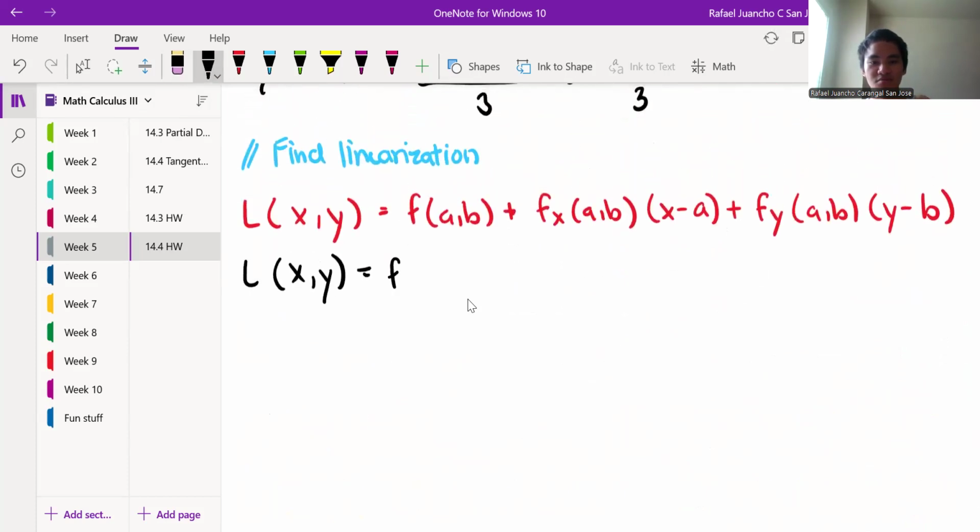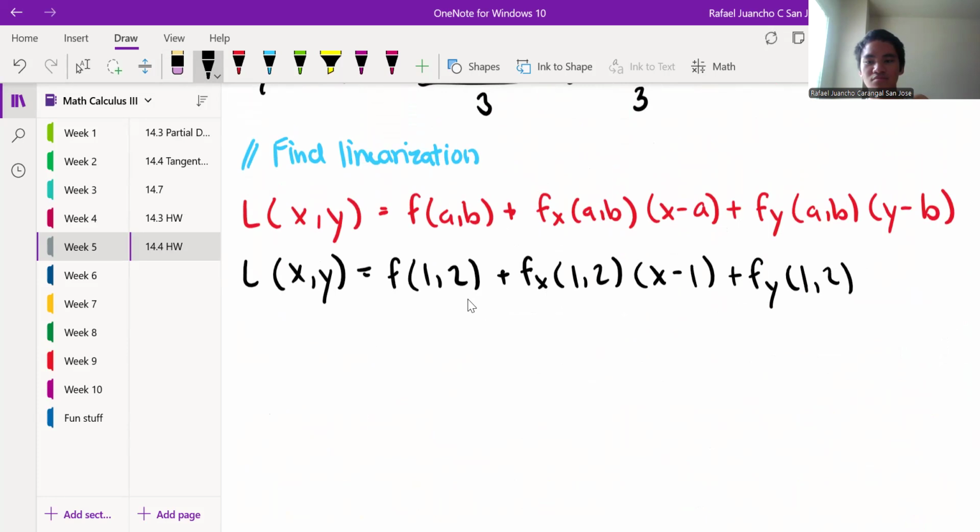Okay, let me just do the complete solution. 3 plus f sub x times x minus 1, plus f sub y times y minus 2. Right? So here I'm just plugging in everything. Let's continue.